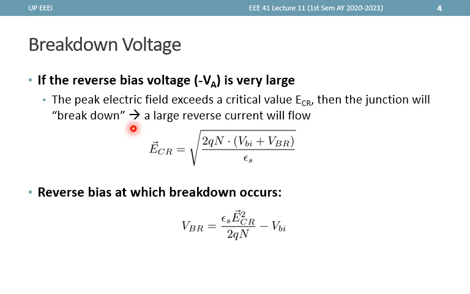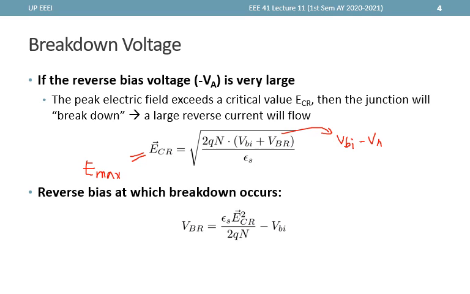Now, there is nothing actually very new to this equation right here. This equation is actually from Emax. So we just equated that Emax is equal to ECR, and then this is our usual equation where this normally is VBI minus VA.